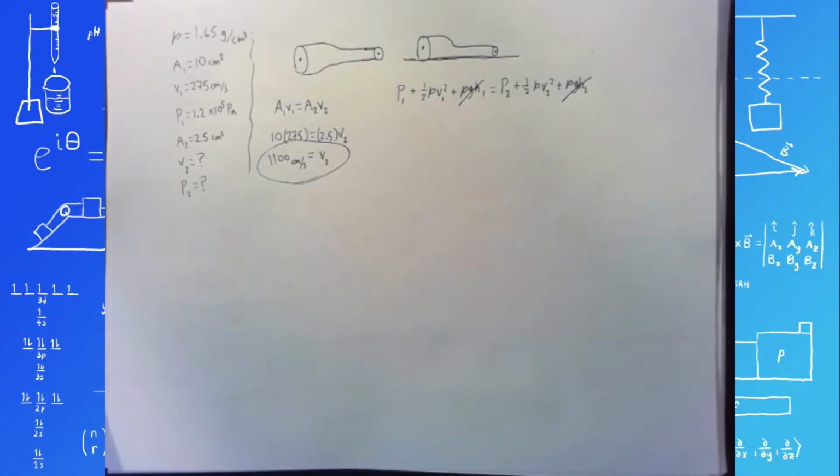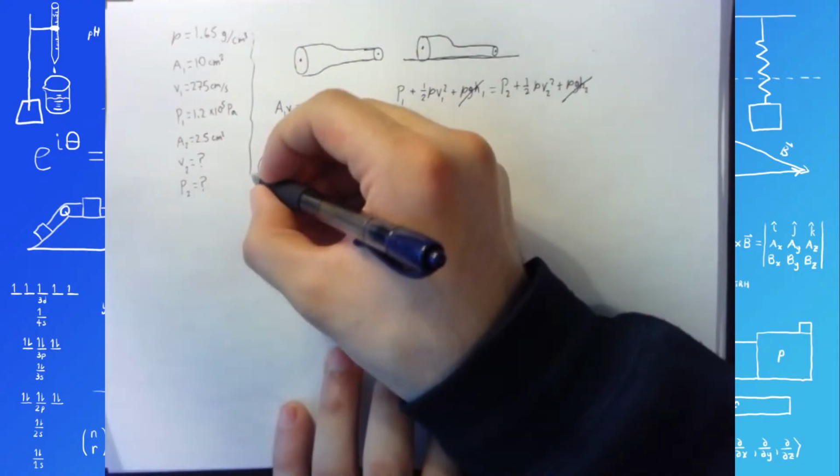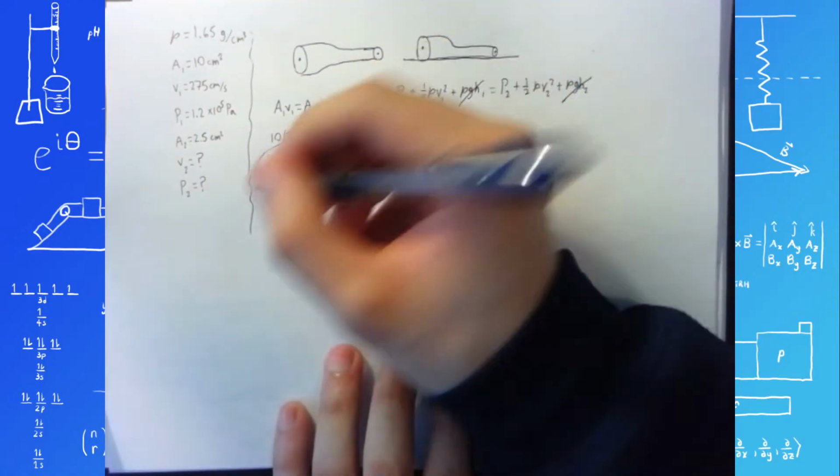So P1 is in pascals. Pascals are newtons per square meter, but they're also joules per cubic meter. Let's convert the pascal into grams and centimeters.